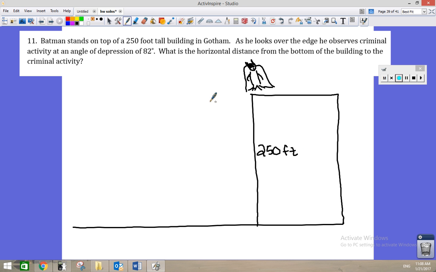We have criminal activity down here, a mugging or something going on.